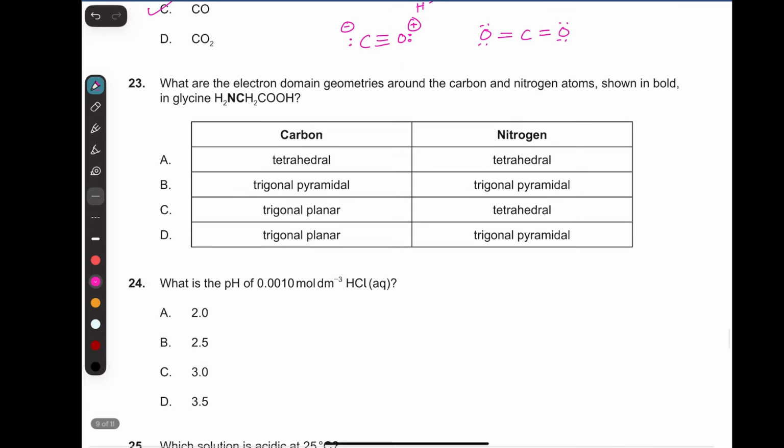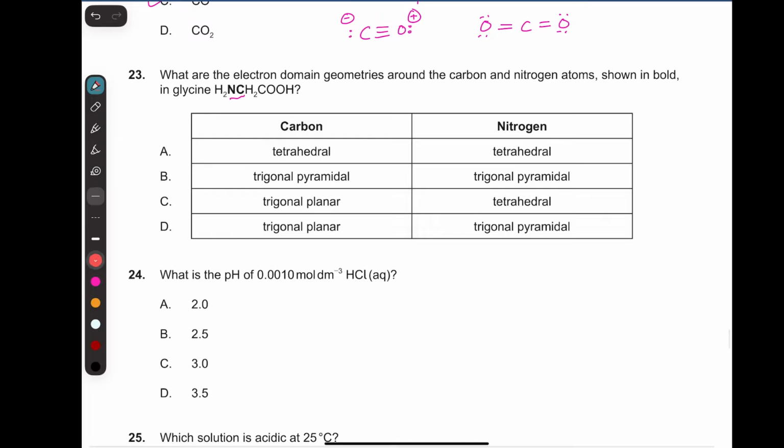Next, what are the electron geometries around the carbon and nitrogen atoms shown in glycine? In this specific bond of glycine. So first, let's draw the structure. Glycine: COOH, CH2, NH2. This is glycine.